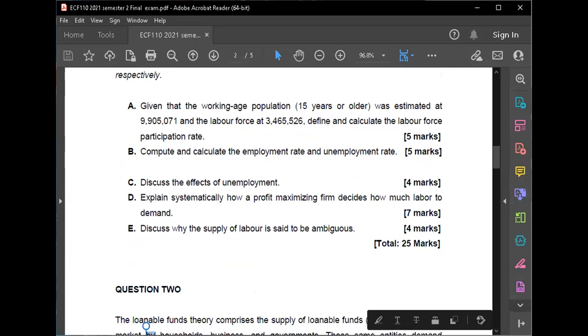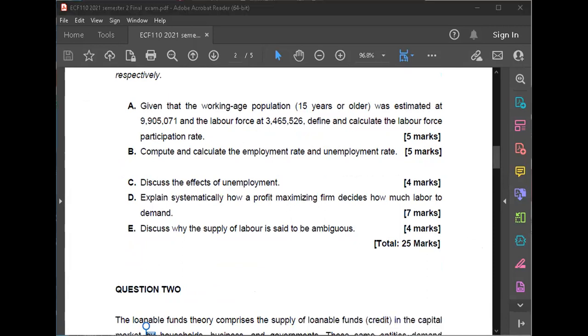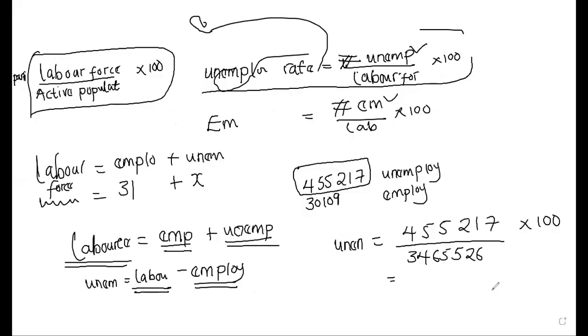I'm a bit behind on that one, especially the last part that you're explaining. Okay, I believe we didn't do the class on unemployment. Mr. Duncan, the first one, you said labor force is equal to employment plus unemployment. Then you said the labor force we're given is equal to X minus unemployment.